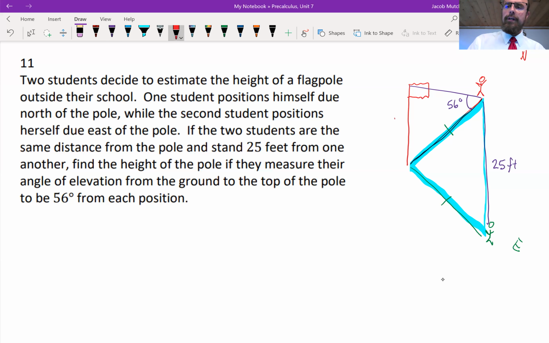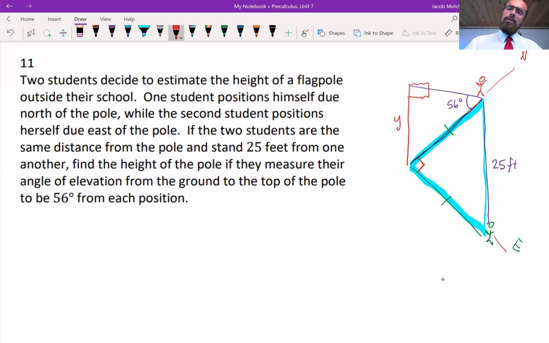I'm trying to solve for the height of the flagpole, which we'll just label Y there. So I'm going to notice something first, that this triangle that's on the ground, the one highlighted in blue, is a right triangle because these students are standing due north and due east. And north and east are 90 degrees from one another.